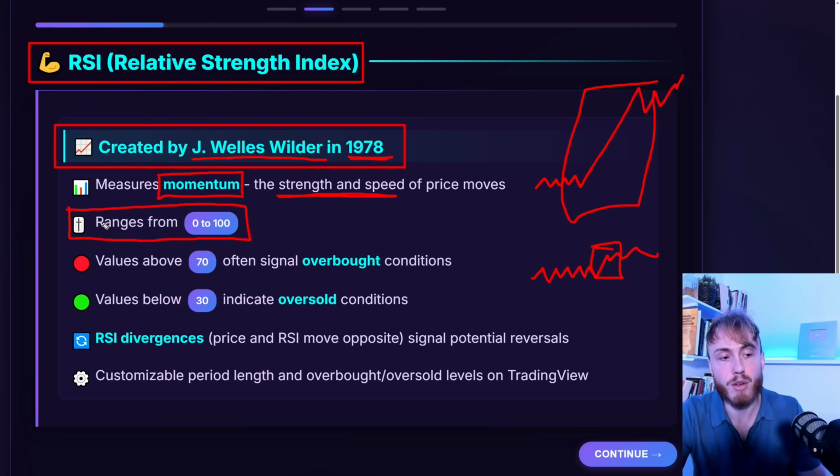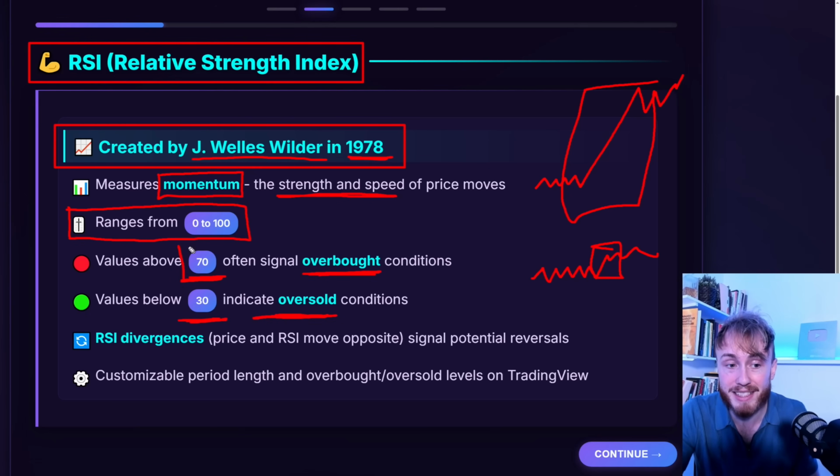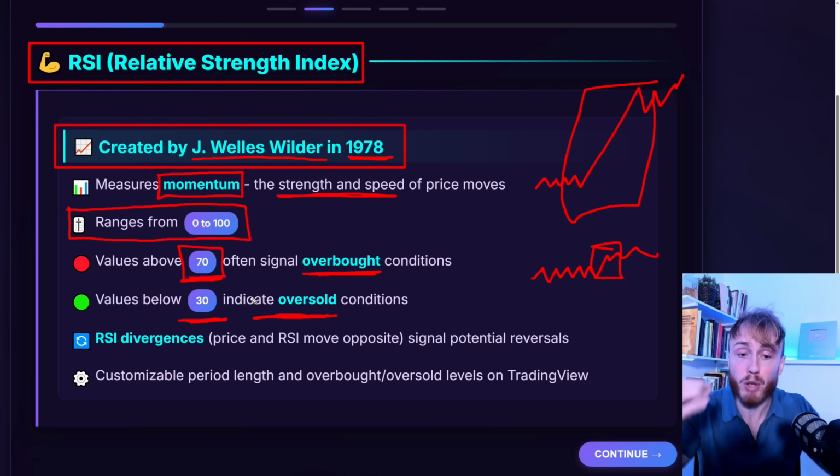One thing that beginners really tend to focus on is that when the RSI is above 70, we say that it's overbought, and when the RSI is below 30, we say that it's oversold. Many traders think that values above 70, so overbought conditions, mean that you should sell.